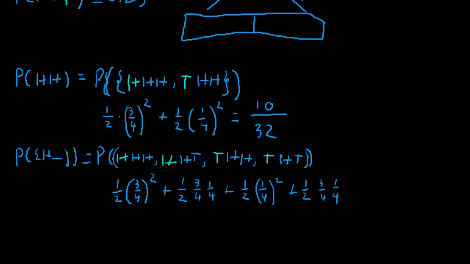So let's add these up. We get 9 over 32 plus 3 over 32 plus 1 over 32 plus 3 over 32, and that gives us 16 over 32, or a half.